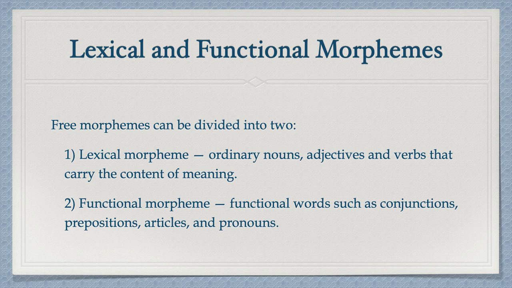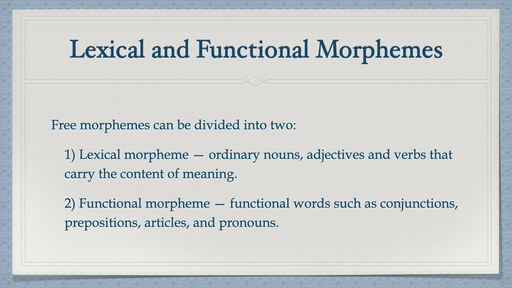We will go into what are lexical and functional words in a different lesson in greater detail, but here a simple definition. Lexical morpheme refers to the ordinary nouns, adjectives and verbs that carry the content of meaning.